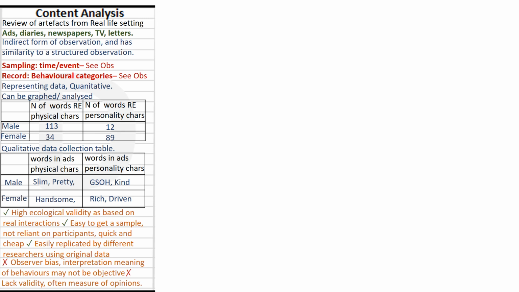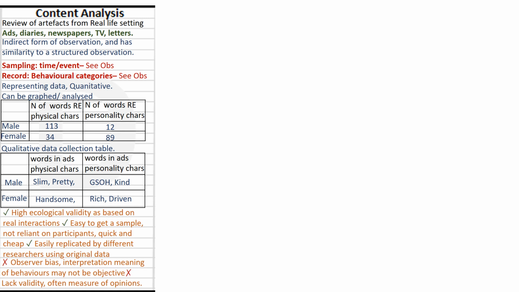Obviously, some of this data already comes with its own inherent bias. For example, the research above might have social desirability bias. It might be that females would look for more physical characteristics in males, but didn't want to come across in a particular way, so manipulate their own results. It's not that they're not looking for these, but they didn't feel able to mention it. And also, quite often, if it's a diary or a newspaper article, these are often a measure of opinions, not a direct measure of behavior like you would get in a piece of research.